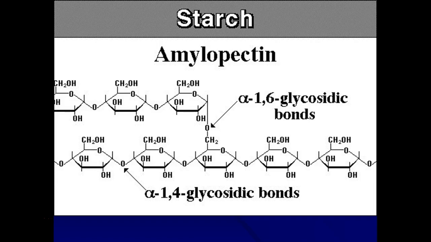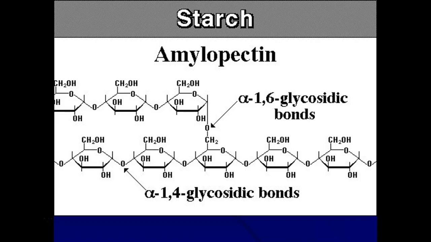The interesting thing about amylopectin is that it has not only the alpha 1 to 4 glycosidic linkages, but it also has a new linkage, and that is between carbon number 1 and carbon number 6.